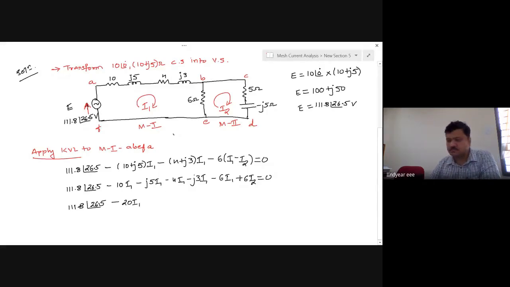Minus j5I1 minus j3I1, that is minus j8I1. Then plus 6I2 is equal to 0.